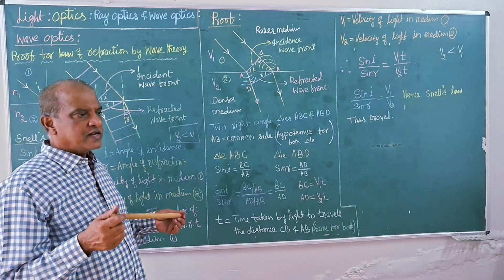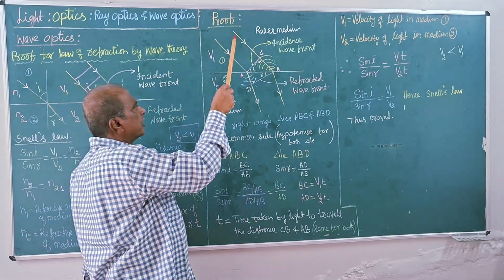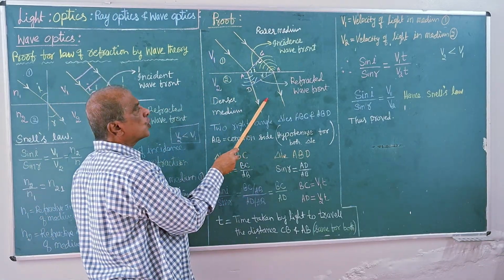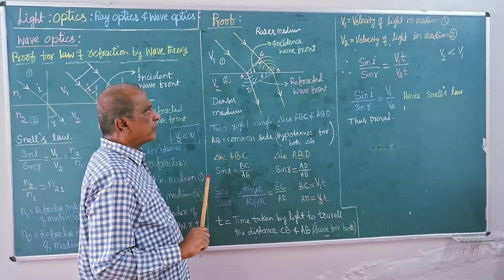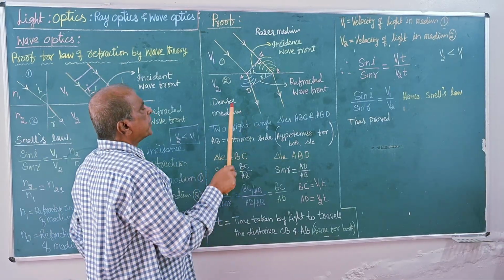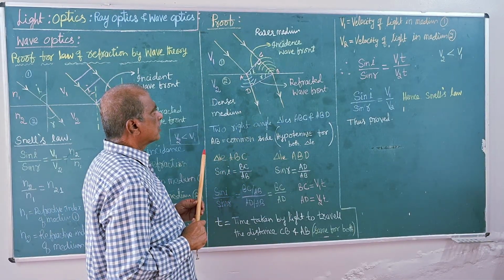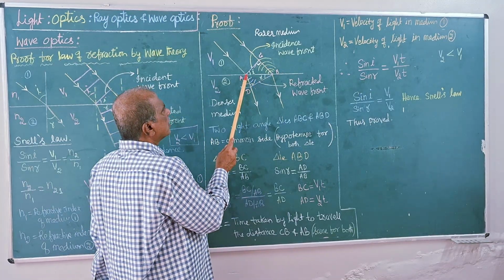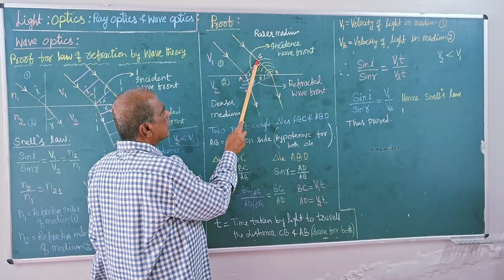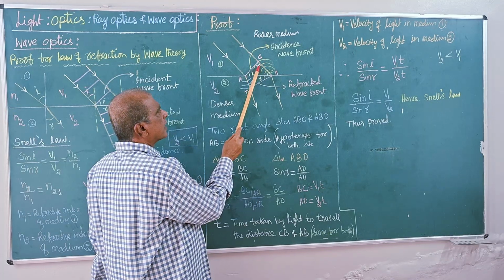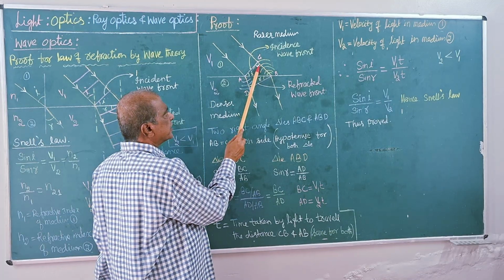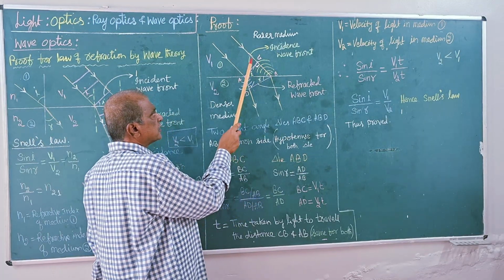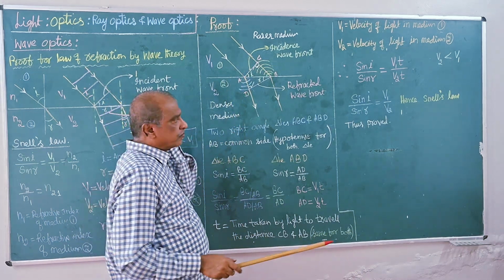While the light is traveling from one medium to another, refracting from one medium to the other, in this geometry of the drawing there appear two triangles. ABC is one triangle, a right angle triangle, because the angle here is 90 degrees. This plane is always perpendicular to the ray.